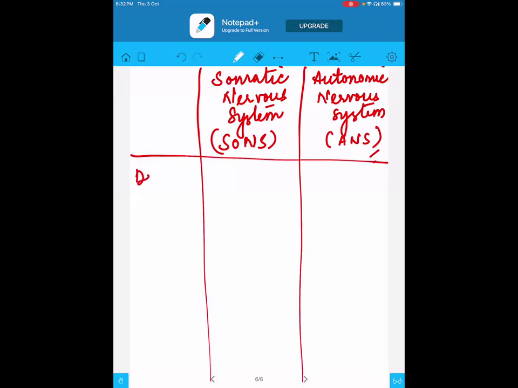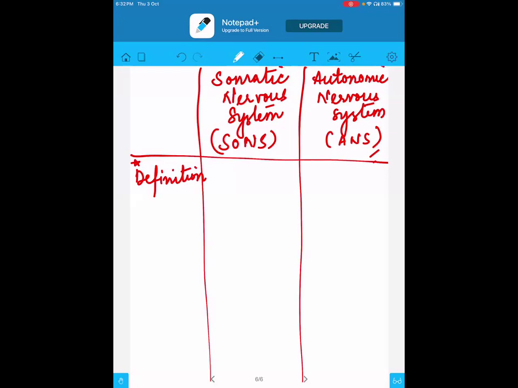Starting with the first thing, the definition. What are they actually? Both are part of the peripheral nervous system only. The only difference between them is that the somatic regulates voluntary movement. Whatever actions we do with our will are controlled by the somatic nervous system, like writing, speaking, dancing, moving.